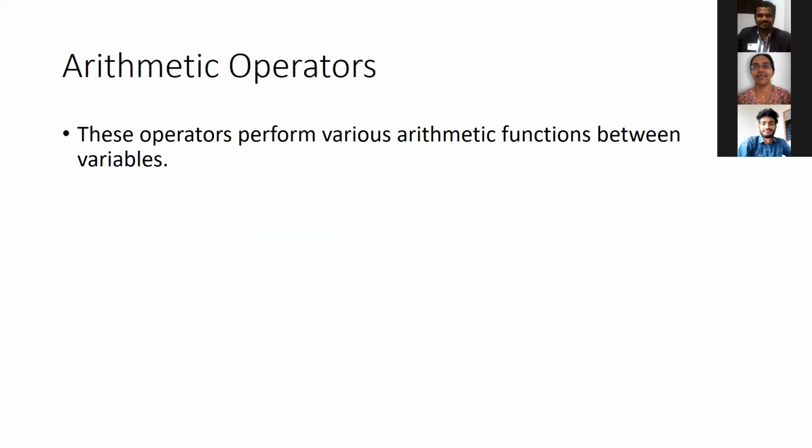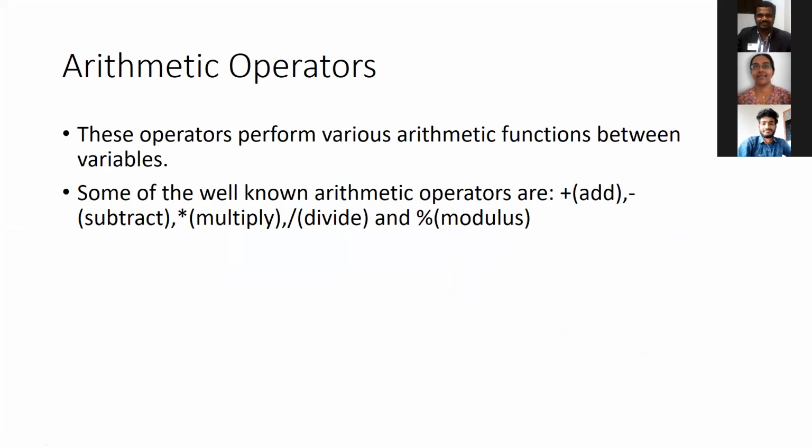These are again arithmetic operations: plus, minus, multiply, divide, and just now we saw the modulus operator, which will give you the remainder between two values, right? If you say 3 modulus 2, with this percent symbol, it will give you the remainder, which is 1. That is how it is used.